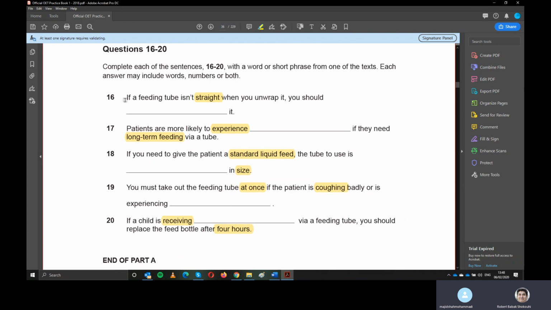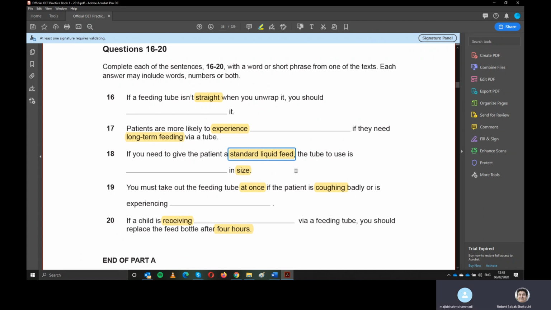So 16 is stretch it. You should stretch it. Patients are more likely to experience what if they need long-term feeding via a tube? This one, the tube to use is 6 FR in size, so that's for a standard liquid. I said finer, but no, we shouldn't say that because it is not in the text.